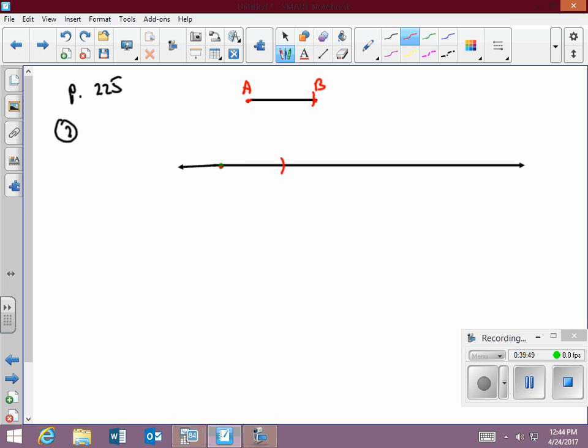Lay it out, then put the point there, lay it out, and put the point there, and lay it out. And then you would have constructed C. We construct this new line segment 3 times as long.